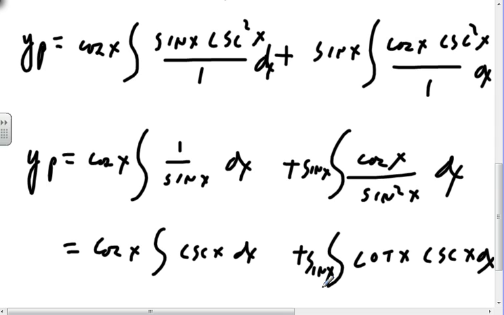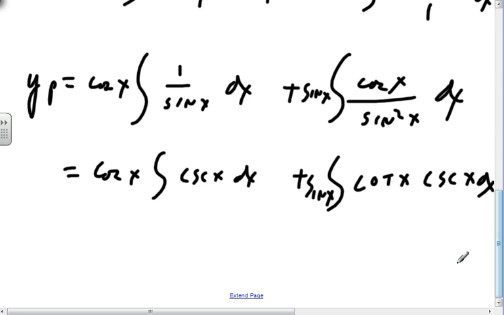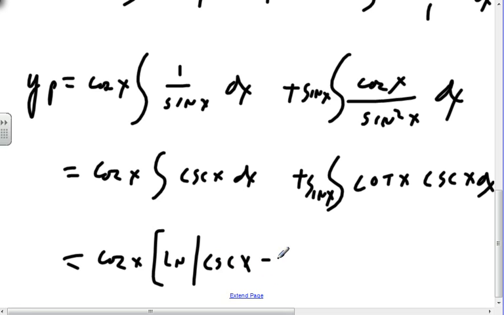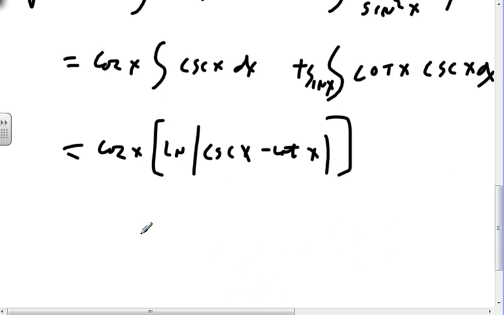Where is it? Integral of cosecant. Okay, so this is going to be the cosine x times the natural log of the absolute value of the cosecant x minus cotangent x. Isn't that lovely? And then we're going to have plus the sine x times, anybody know the integral of, oh, there it is.